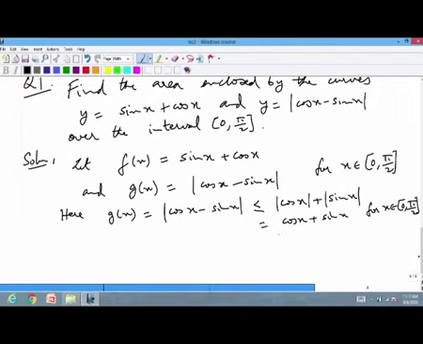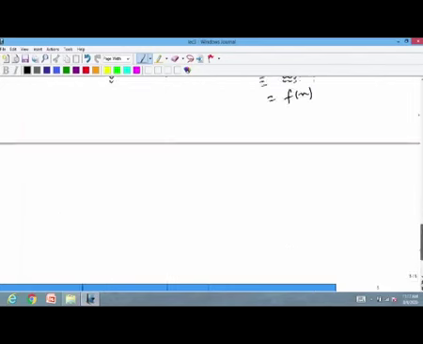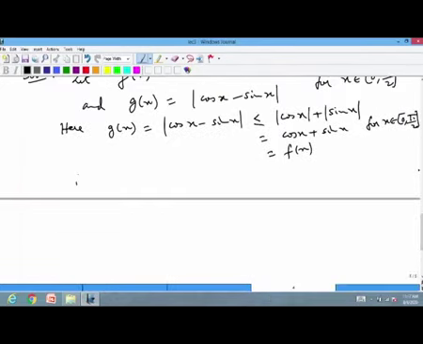But cos x plus sin x is the same as f x. So, we have in this case f x greater than or equal to g x for x in 0 to pi by 2.